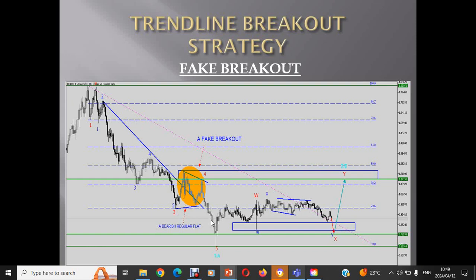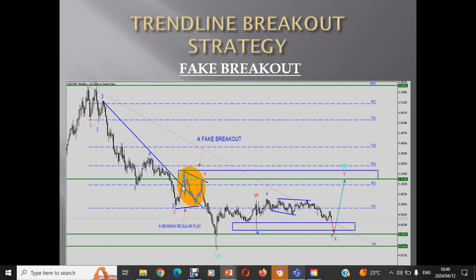Whenever the market breaks the trend line, the first thing that comes to us as traders is that the market has broken the trend line, so now we are expecting the market to change its direction. But you can see here what happened. The market didn't change its direction. It continued to move in a bearish direction. That is the formation of the fake breakout.